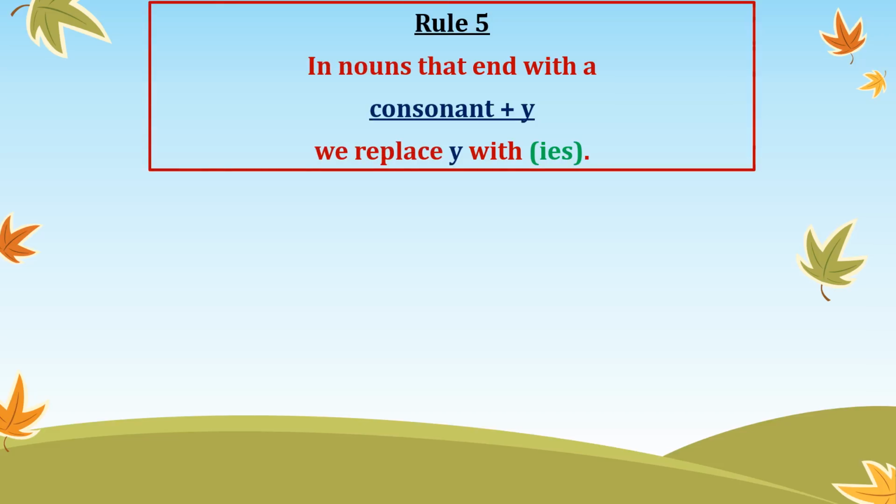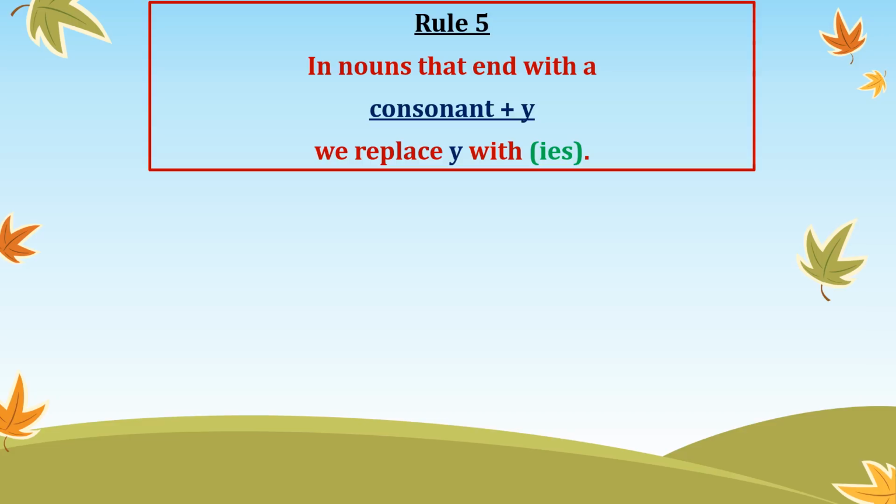Rule number 5 says that if a noun ends with a Y, just check, is there a consonant just before Y? In case yes, then we will replace Y with IES. That is, if in the end you have a consonant plus Y, cut Y and write IES, and your singular noun will get changed into plural.